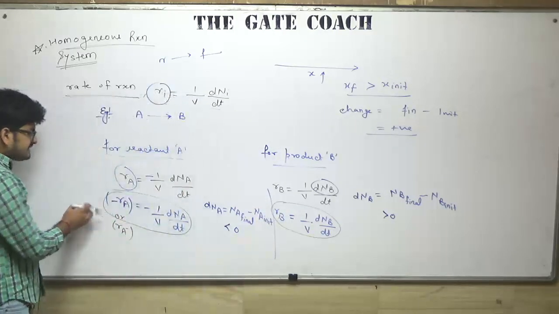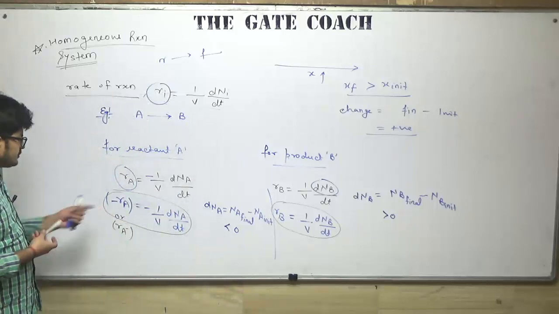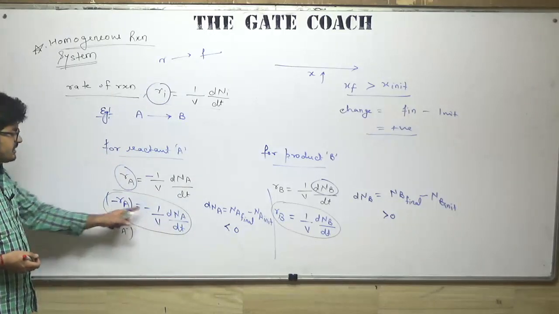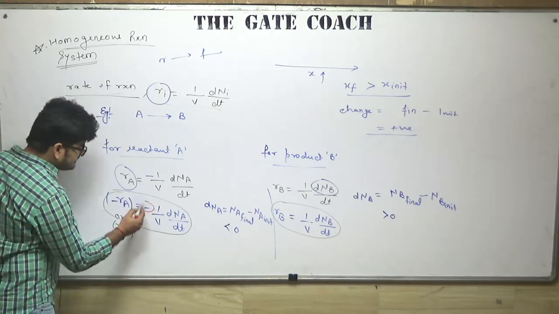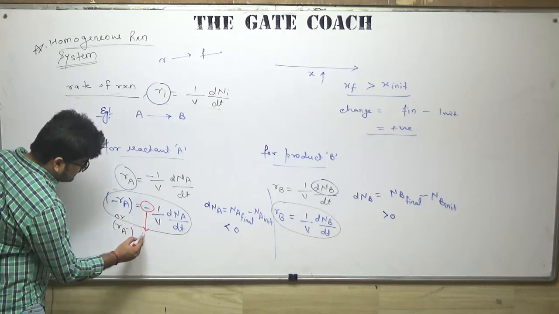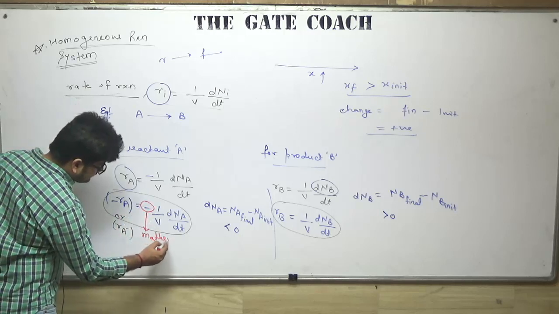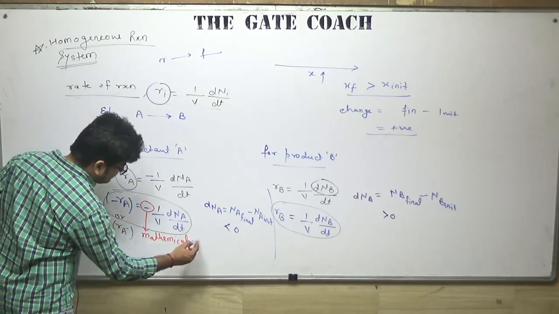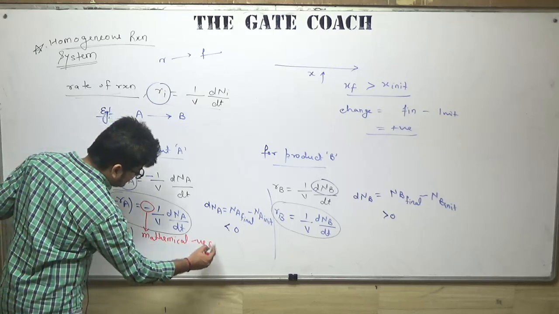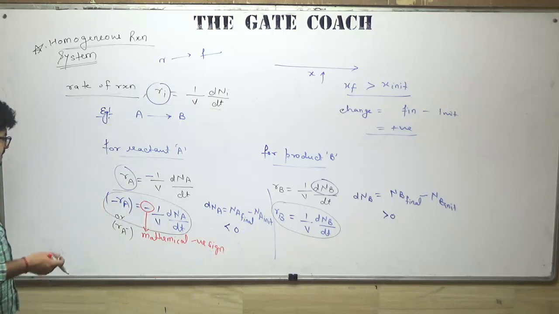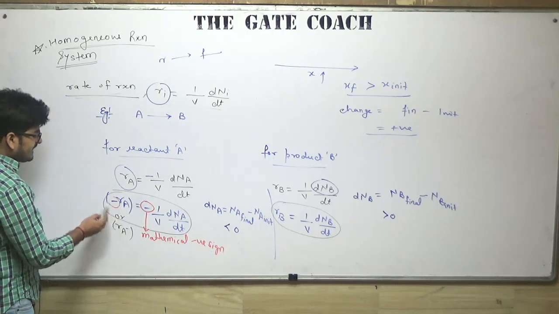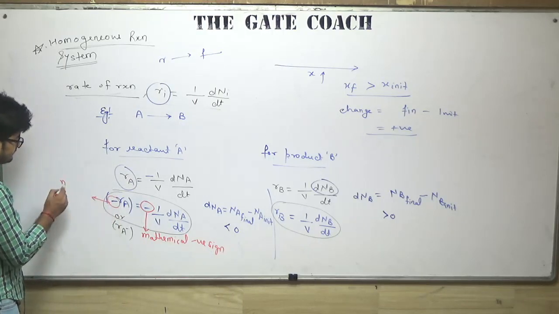On this side, if we talk about these two negative signs, you cannot cancel these two negatives, because this minus sign is the mathematical sign. It is a mathematical negative sign, which can be absorbed in any equation. And this minus sign is just a notation.